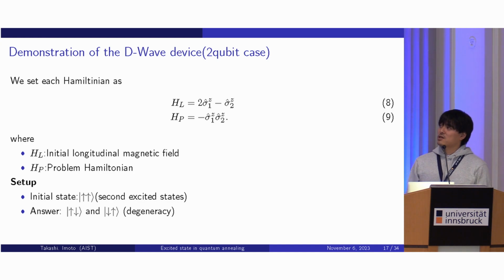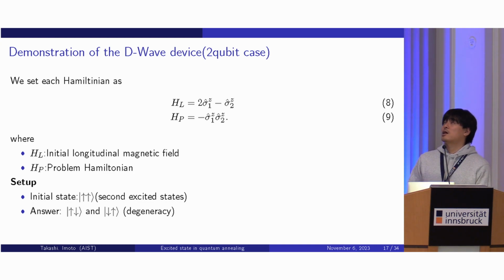So we consider the up state as the initial state, and this state is the second excited state of the problem Hamiltonian with longitudinal magnetic field, and the answer states are up down and down up.